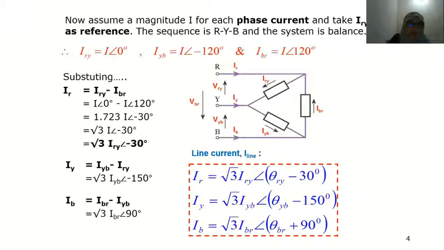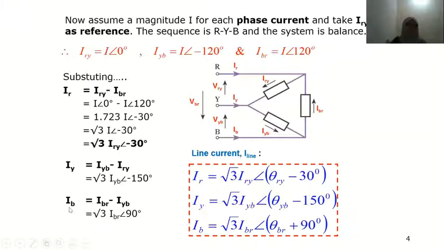This is when your IR is equivalent to minus 30 degree. So your IY is different from your IR by 120 degree, so you will get about minus 150 degree for your IY.